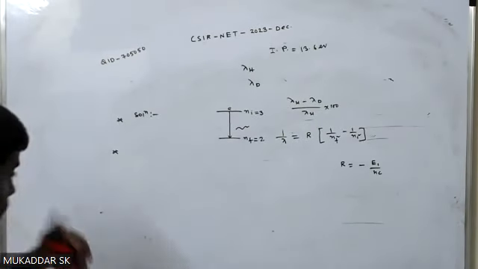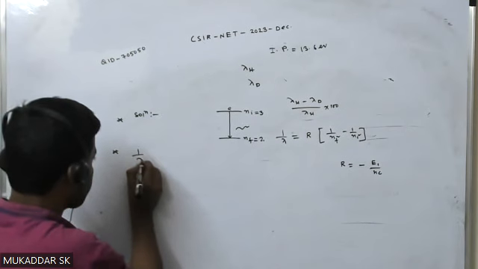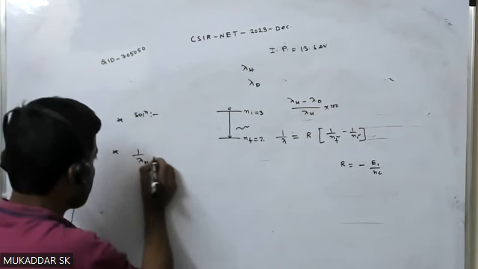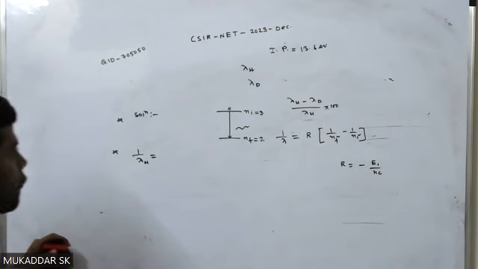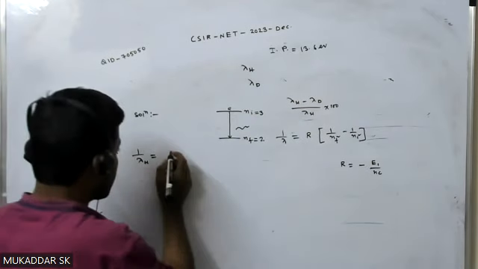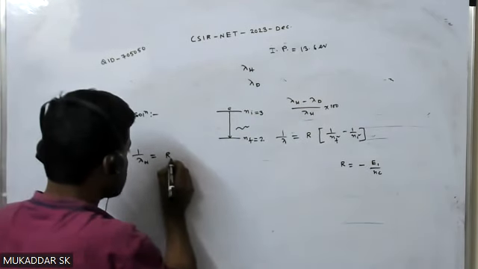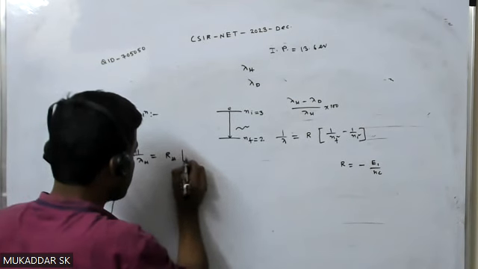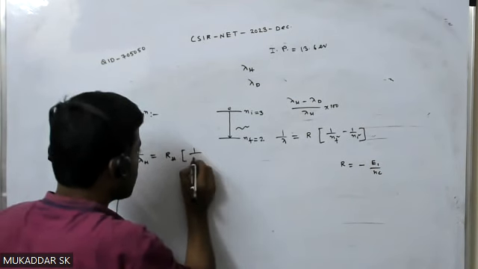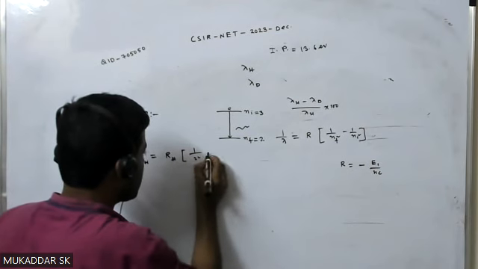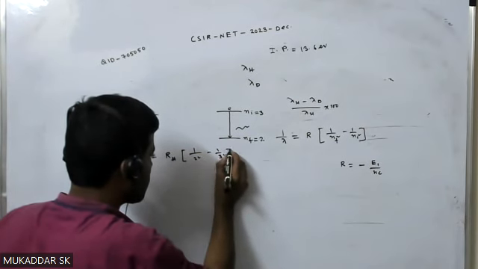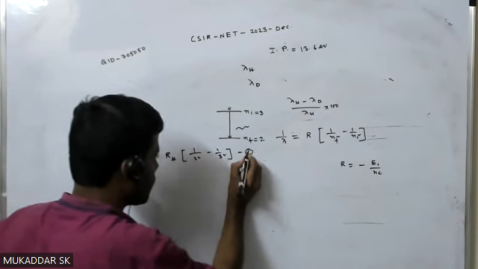I can write 1 by lambda h, the wave number for the hydrogen atom, equals Rh, the Rydberg constant for hydrogen, times 1 by 2 square minus 1 by 3 square. Let us take this as equation number 1.